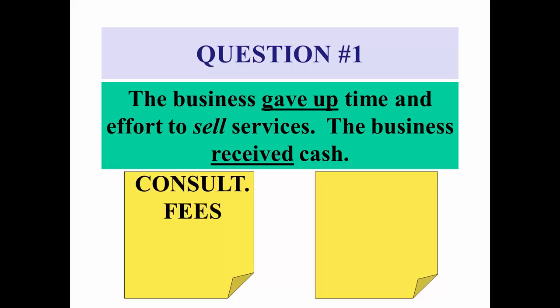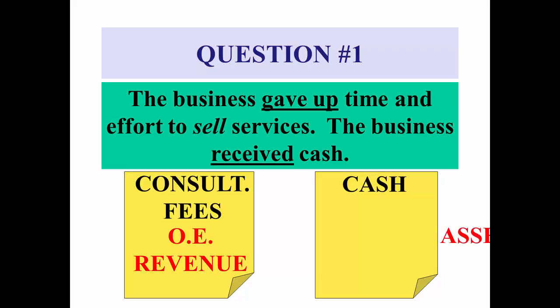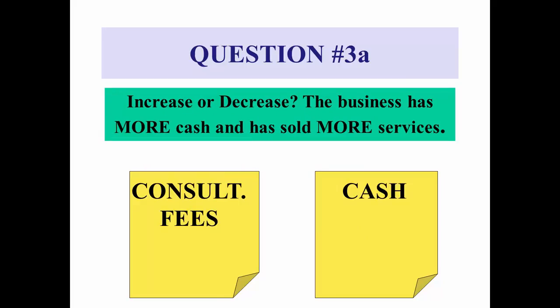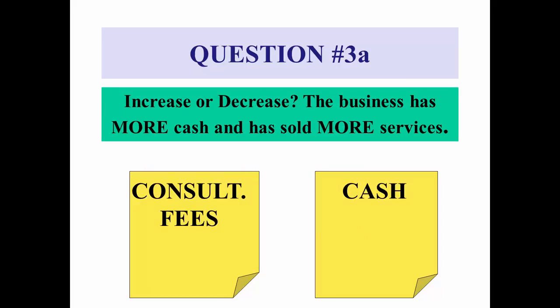When we look under her chart of accounts under revenue, we see consulting fees. And for cash, we of course know that we're going to use the cash account. Consulting fees is revenue, and cash is an asset. Then we take a look at increase or decrease. We go back up to the beginning and say, do we have more or less cash?